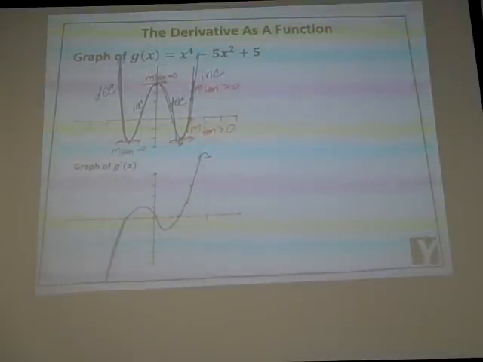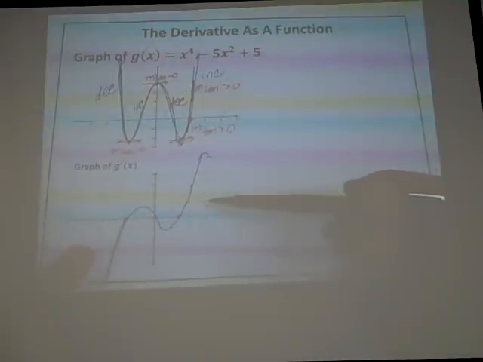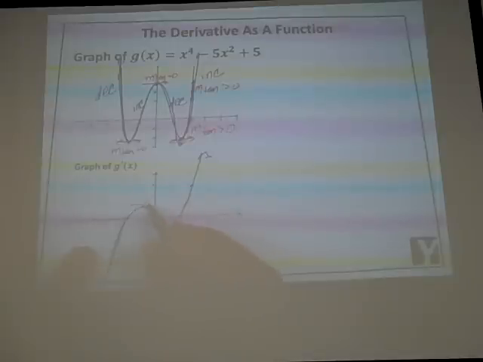Now, what we've done since last week is we've actually gone even further. We not only will take the derivative of a function to generate its graph, but we could now take the derivative of this function and generate its graph. I would say I have a relative maximum over here, so the slope of the tangent line will be equal to 0. I have a relative minimum over here, so the slope of the tangent line is 0.